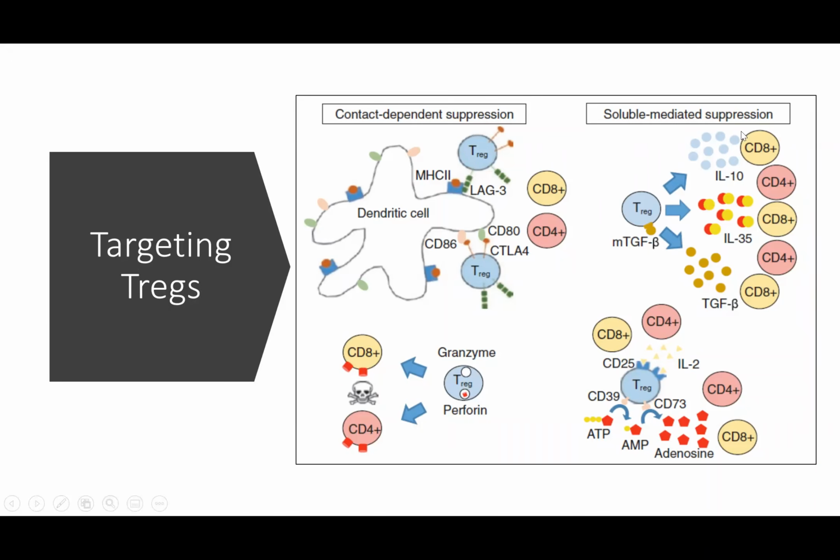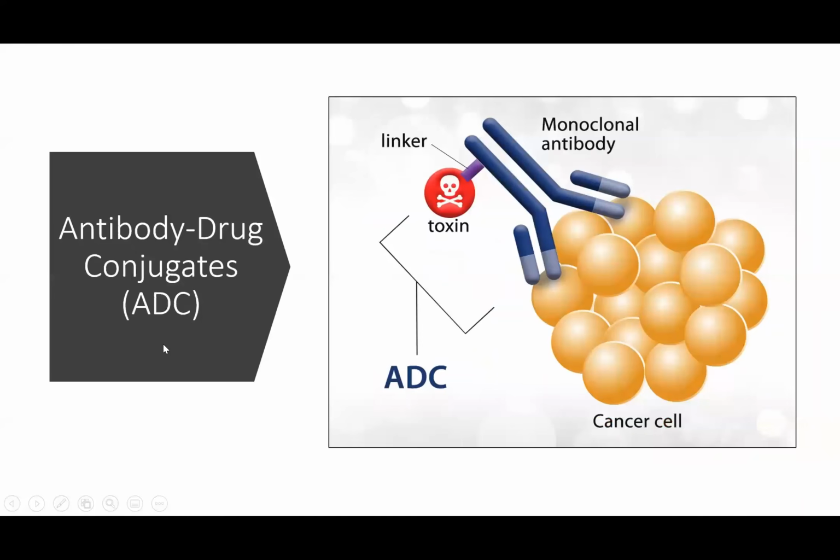Also, T regulatory cells secrete some factors like interleukin 10 and 35 and TGF-beta. All these factors have an immunosuppressive effect on both types of T cells. Also, T regulatory cells generate adenosine, which is a known immunosuppressive factor that can inhibit the activity of T cells. We will study all these mechanisms in detail with the engineering of Tregs.